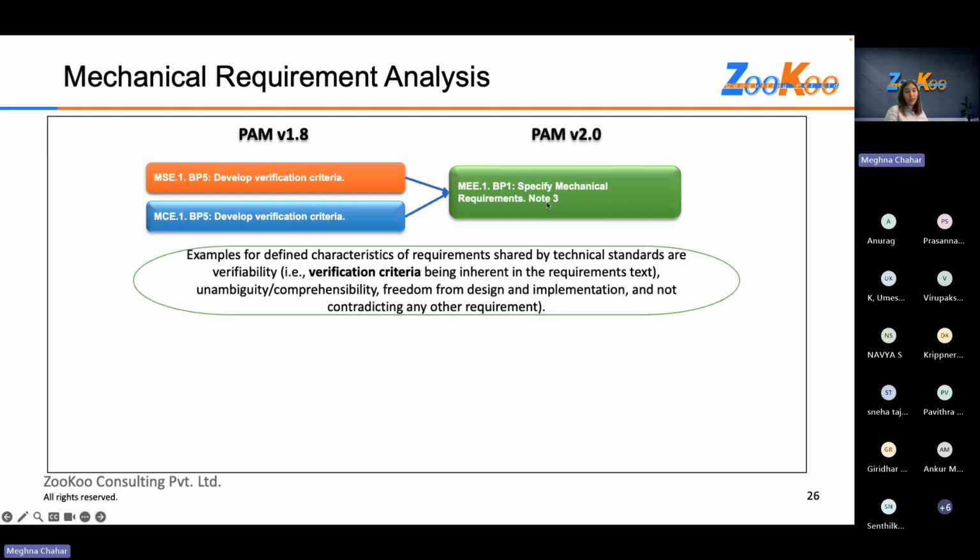Okay, note 3, that your requirement should be written in such a way, by using state-of-the-art characteristics, that the requirement is verifiable. We don't need a dedicated verification criteria in one place, but you write your requirement in such a way that just by reading the requirement, it gets clear how we are going to verify it. Okay. So yes, there is no separate BP for verification criteria, and this change is very much in line with the 4.0 change.